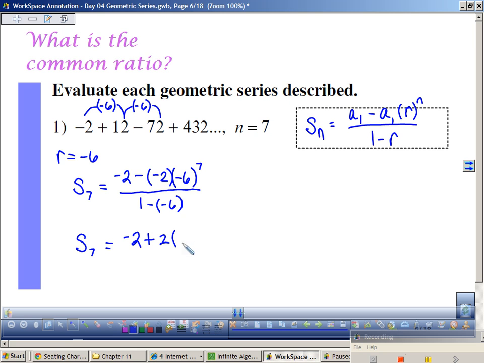What's -6 to the 7th? I just want to make sure I can see it. -279,936. Did everybody get that? Now what are you going to do with that? Multiply it by 2. What do you get?